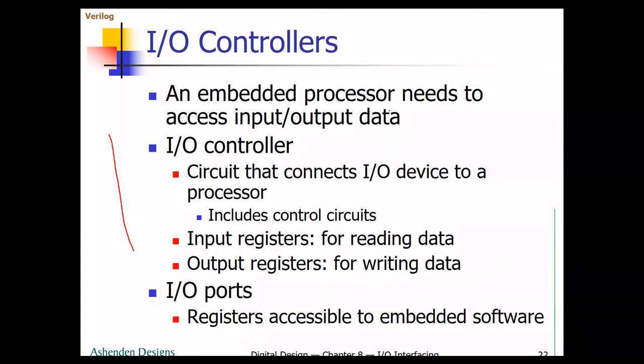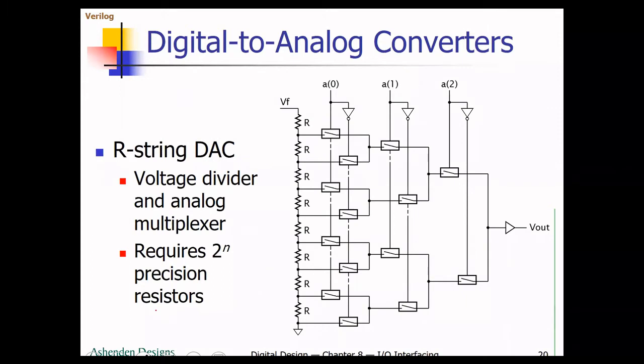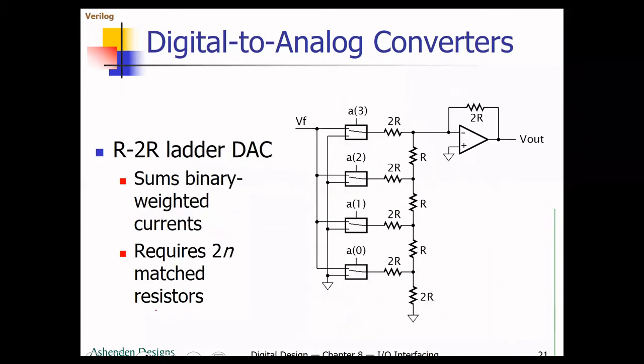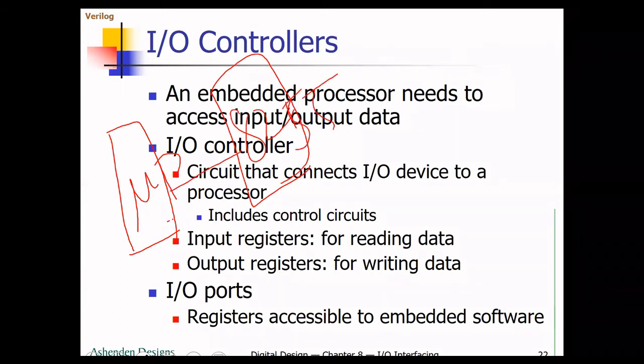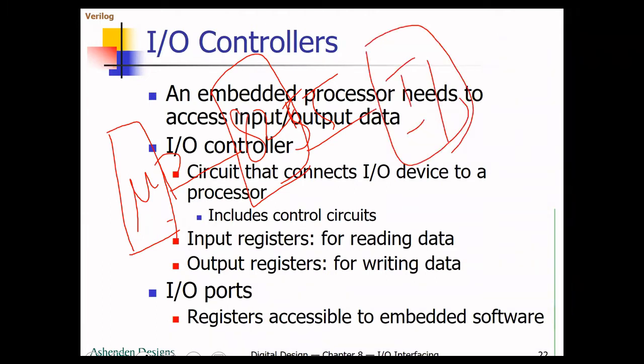So assume this is your microprocessor, and you have an 8255 as a connector. From here you will have an IO device, and from here another IO device. So the 8255 acts as a bridge between the processor and the IO devices.